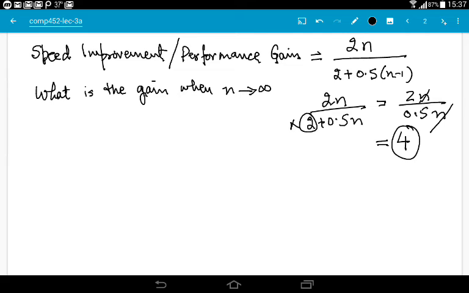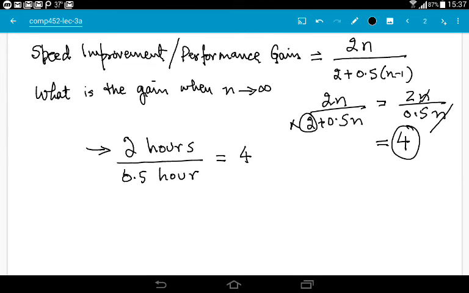So the time to wash one load in single cycle operation is 2 hours. And in the pipelined approach, every half an hour one load is completed. So again you see that this is equal to 4.